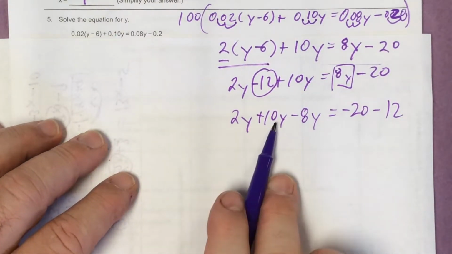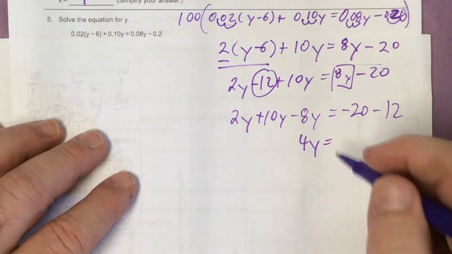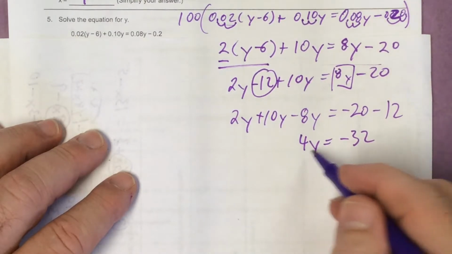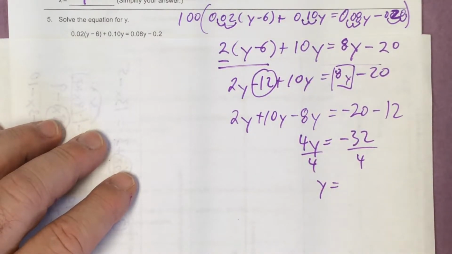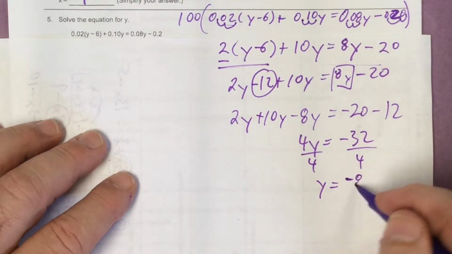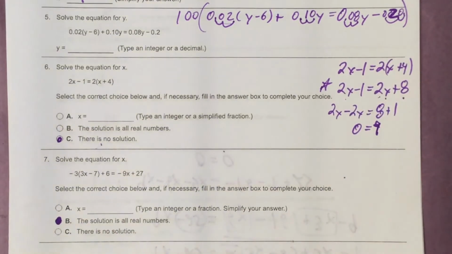Combining all this together, 2y plus 10y is 12y, minus 8y is 4y. Negative 20 minus 12 is negative 32. Then if I divide both sides by 4, I get y is equal to negative 8. And that's the solution to question 5.